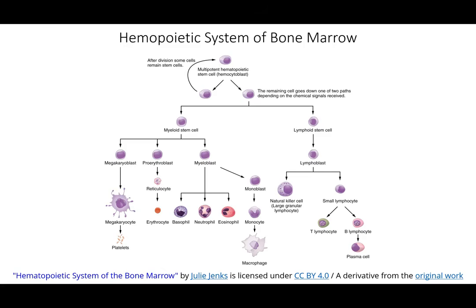So again, all of these happen in the bone marrow. A bone marrow biopsy is a diagnostic test to look at what we're seeing as far as these earlier stages of cells that are actually in the bone marrow still. And so that can tell us if there's maybe an overgrowth of one particular type that we should be concerned about.